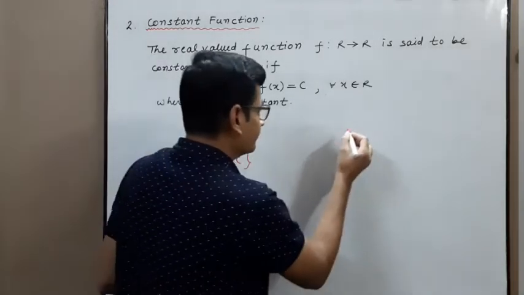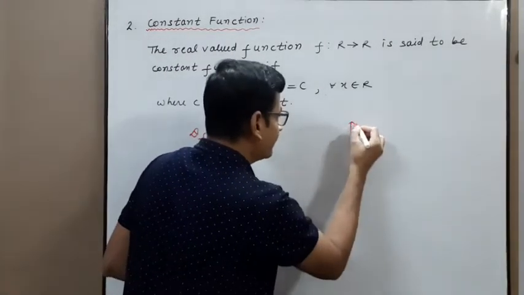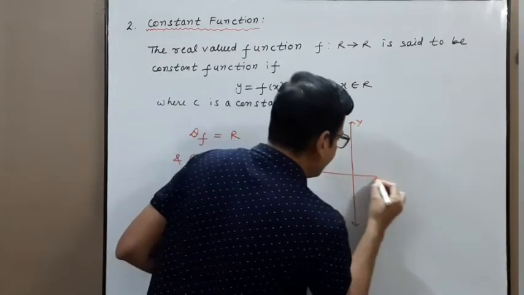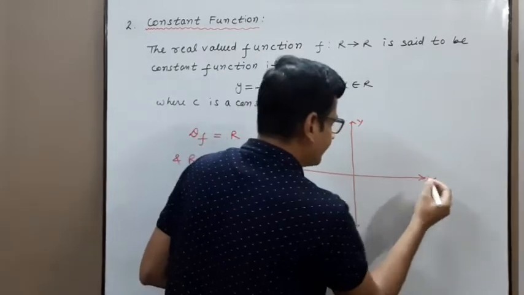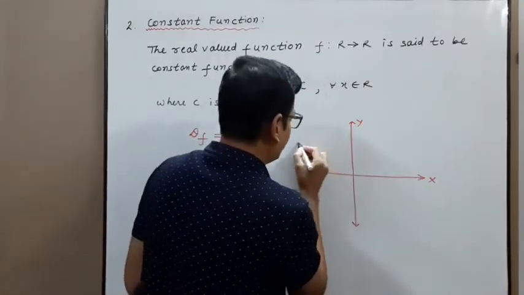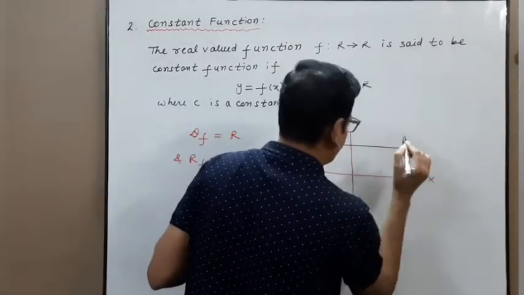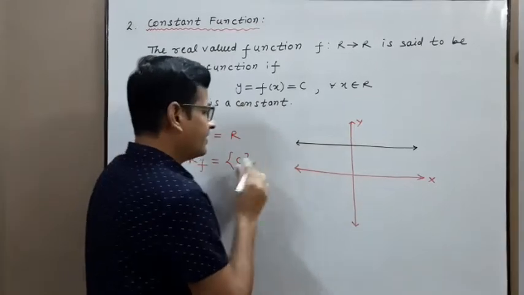Now the graph. The graph of a constant function is a straight line parallel to the x axis, whose distance from the origin is c units.